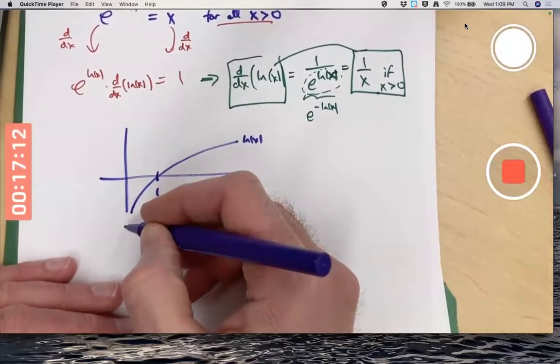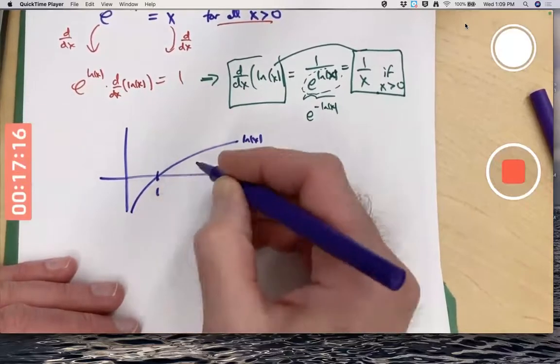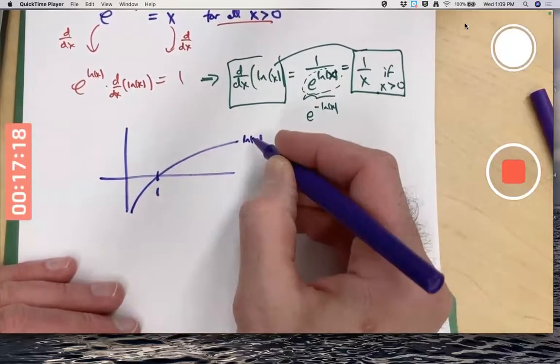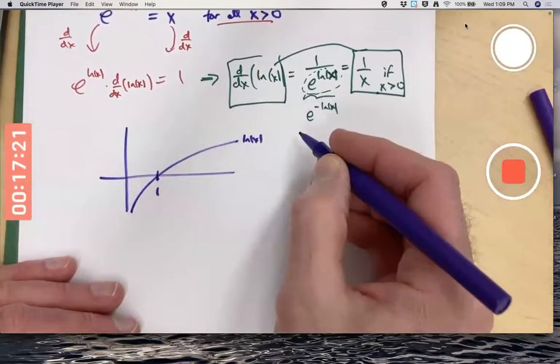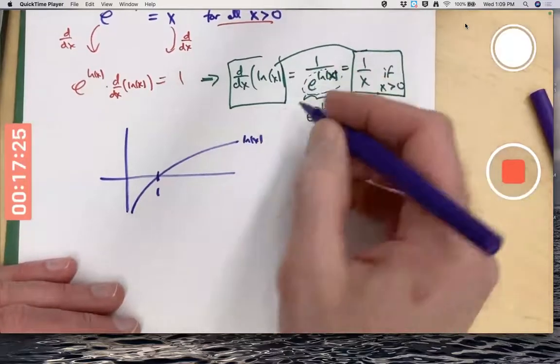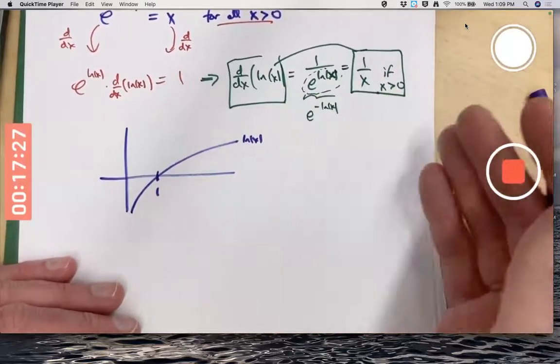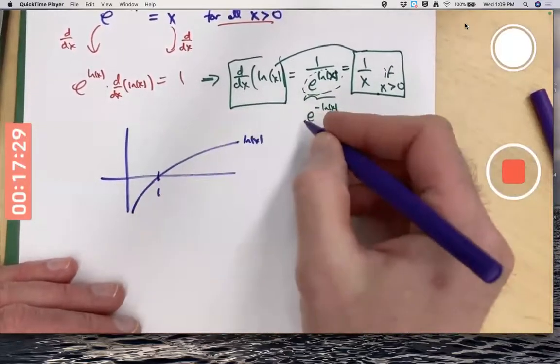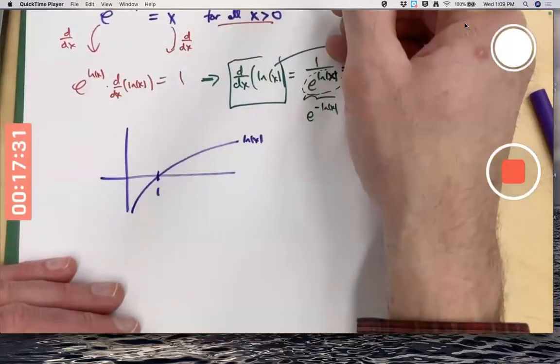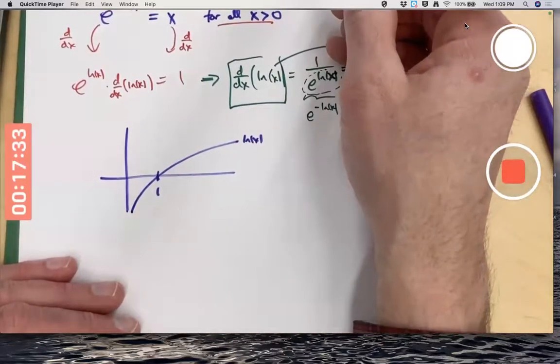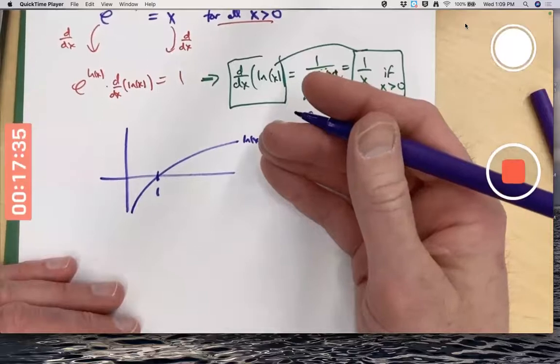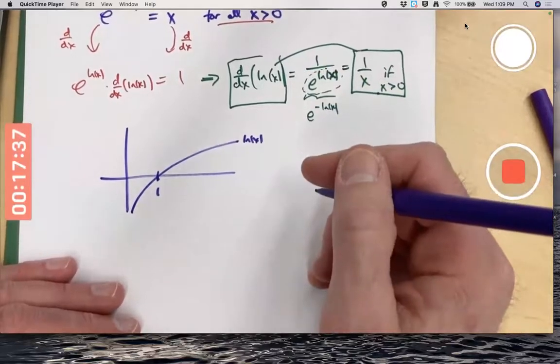Does it have a horizontal asymptote? Kind of looks like it might. I drew it like it might. But you should know it doesn't. It is going to go to infinity as x goes to infinity, though very slowly. It will eventually get above any horizontal line that you draw, no matter how high that horizontal line is. That's not obvious from the graph. The graph could be misleading you if you think that.